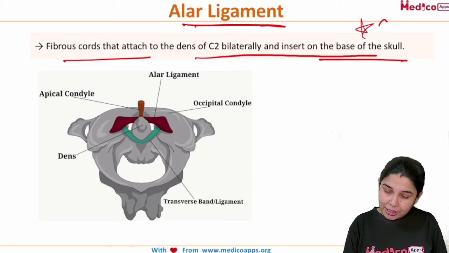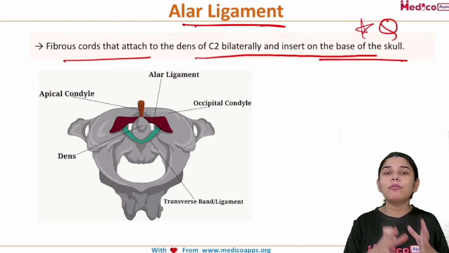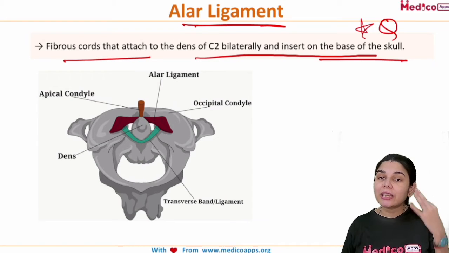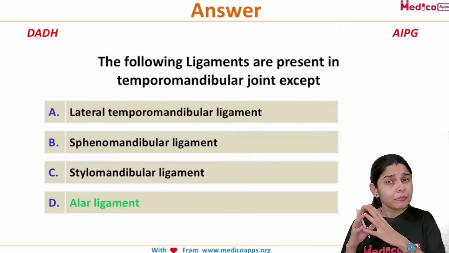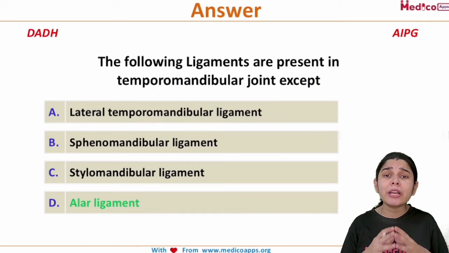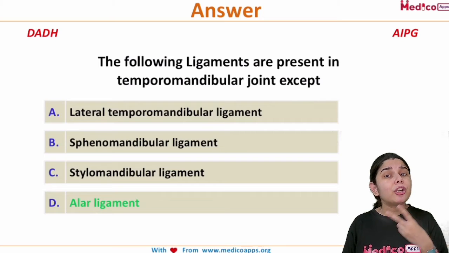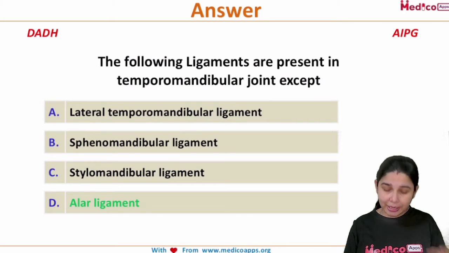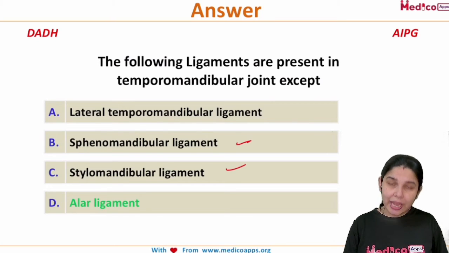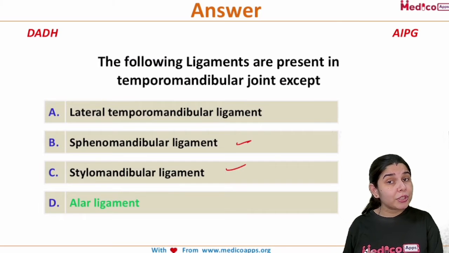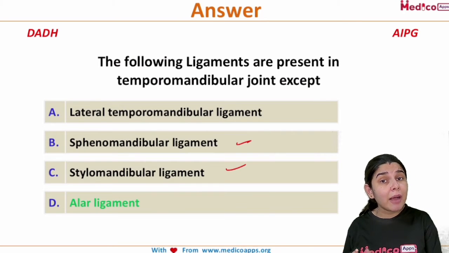So automatically you will now understand that the three important TMJ ligaments are, first, the major one, the lateral ligament, and two accessory ligaments, the sphenomandibular and stylomandibular. But the fourth option here is saying that the alar ligament is present.